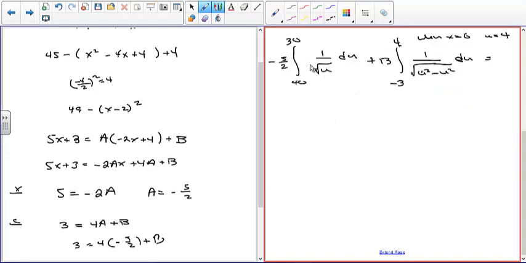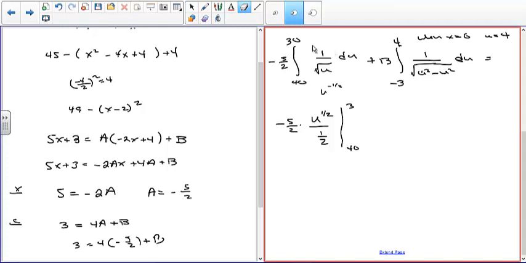And then what you'll get here is 5/2. The integral of this, you got u to the -1/2 power. So that's going to be u to the +1/2 power divided by 1/2, evaluated between 40 and 33. I wrote that down wrong.